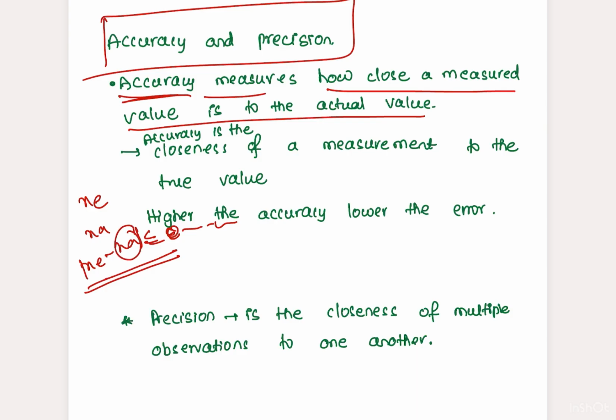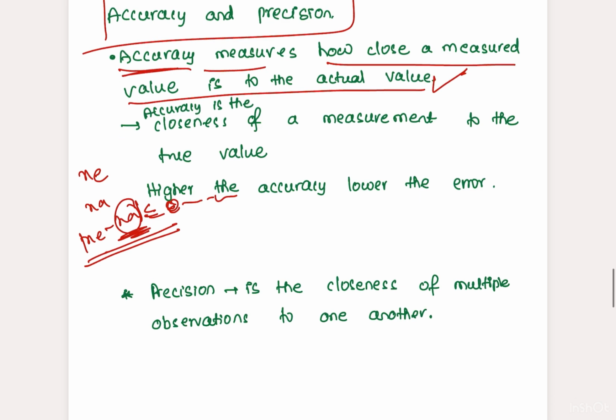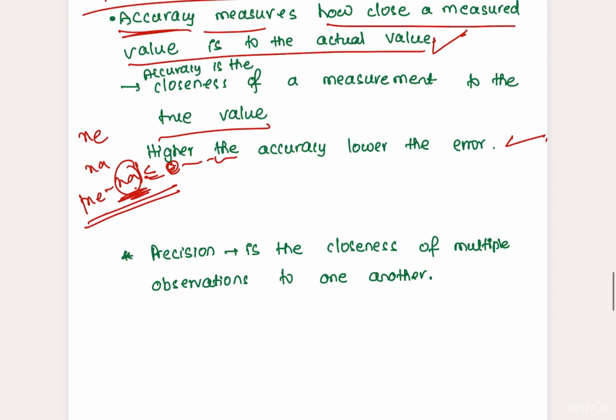So xa will be more accurate to xe. Therefore accuracy is the closeness of a measurement to the true value. Higher the accuracy, lower the error. If it is more accurate, the error will be less.